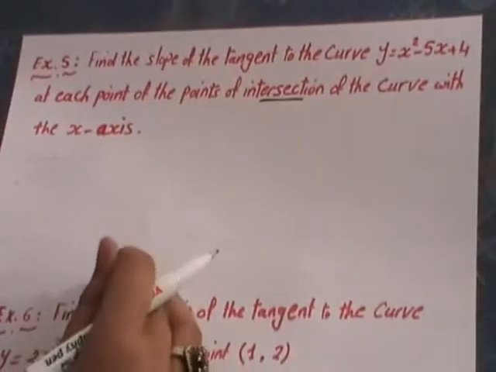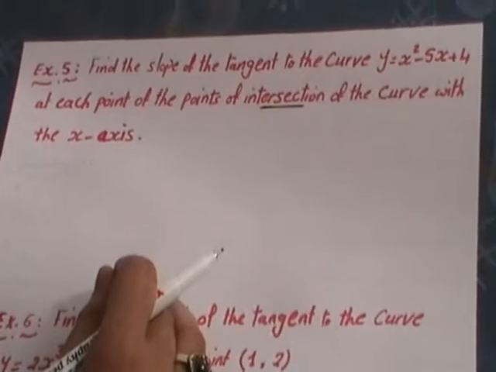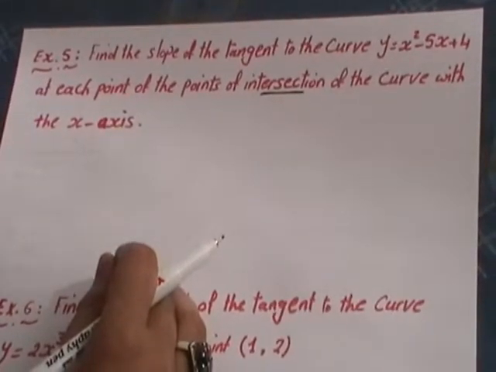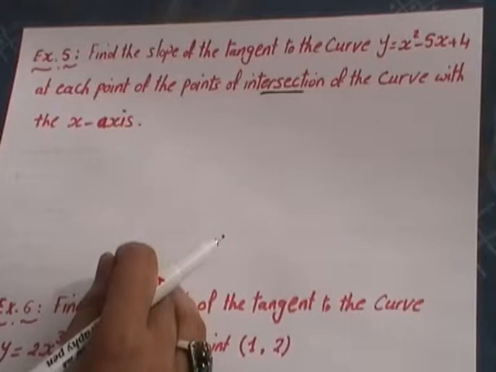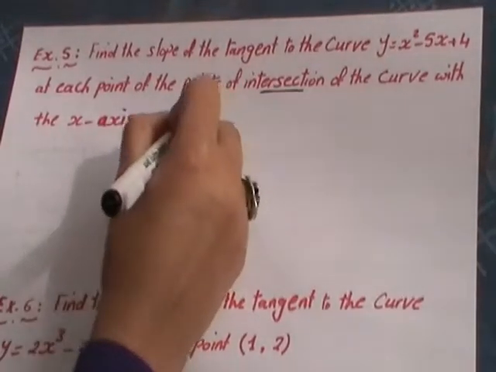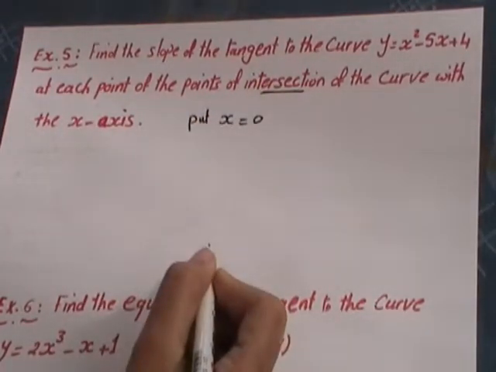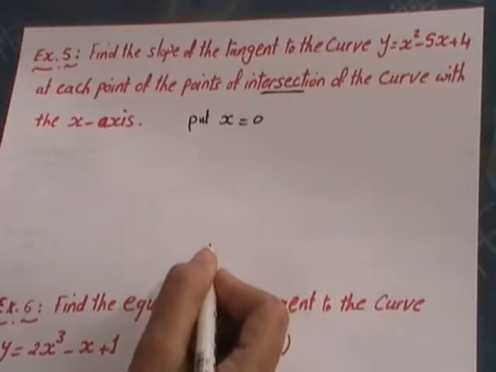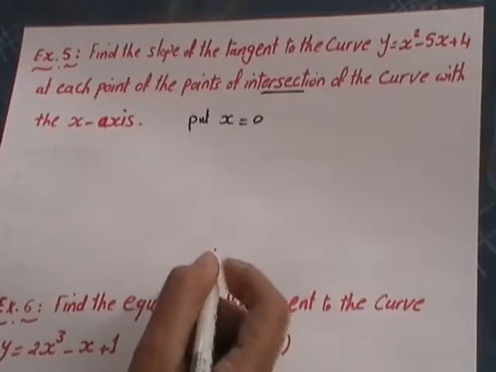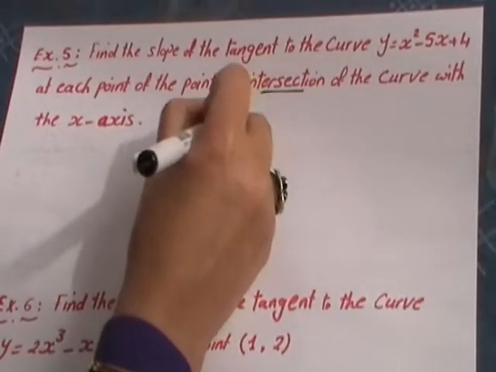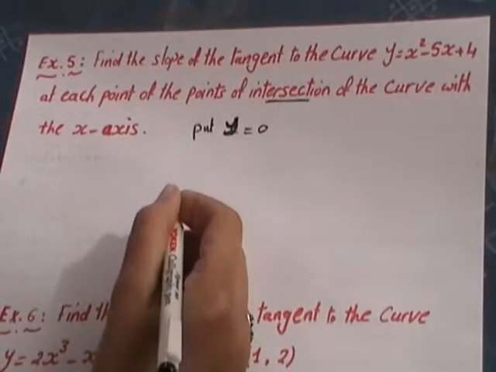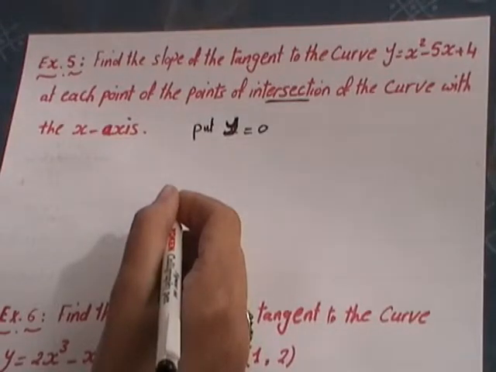We know that any point on the x-axis has its y coordinate equal to 0. Any point belonging to the x-axis means that y equals 0, not x. Any point belonging to the y-axis means that x equals 0.